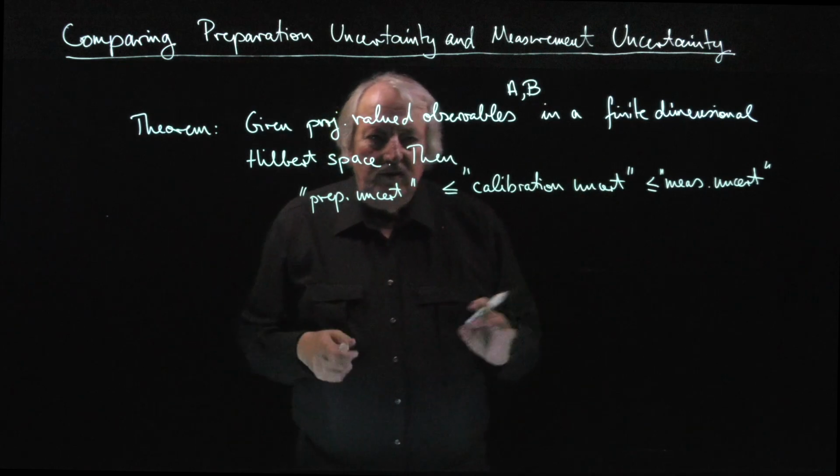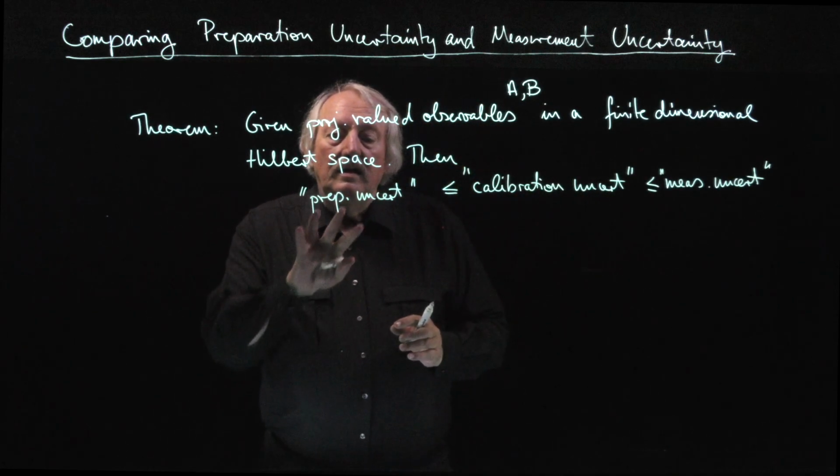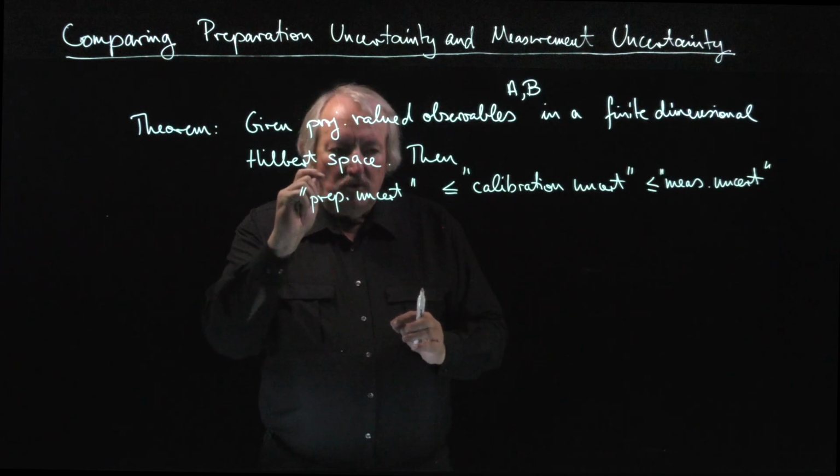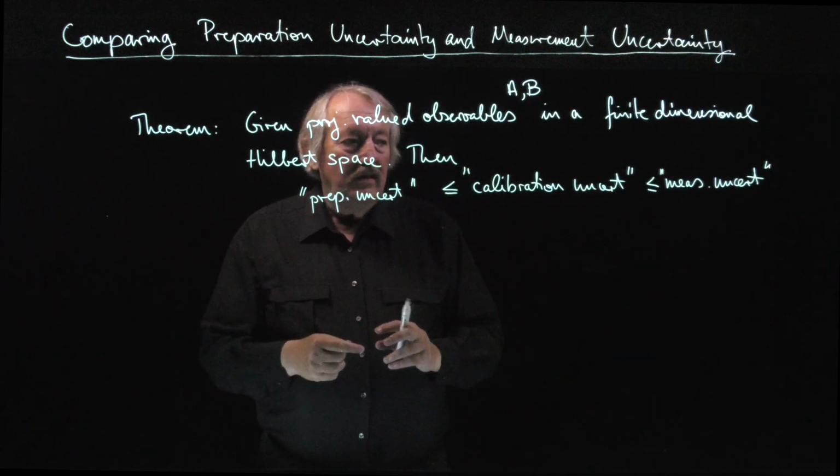You have scare quotes in this statement of the theorem. It's not a theorem as stated, because preparation uncertainty isn't just a number. We're not just comparing numbers. We're actually comparing patches in a diagram.